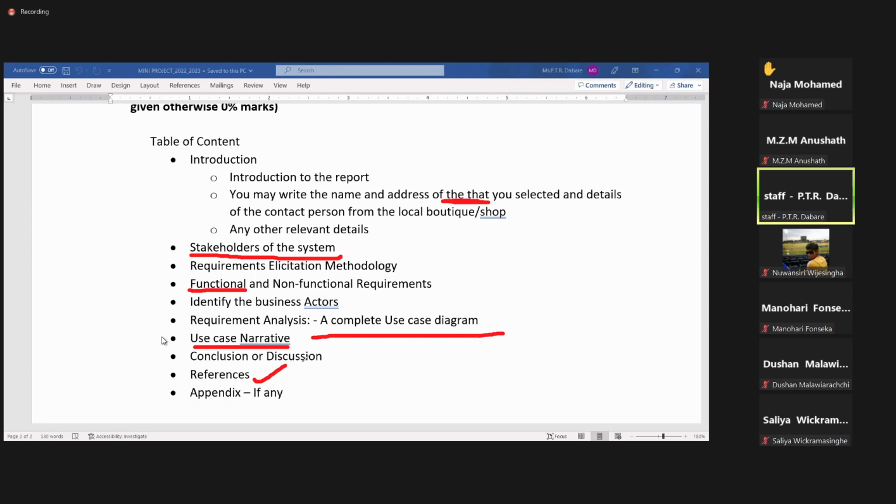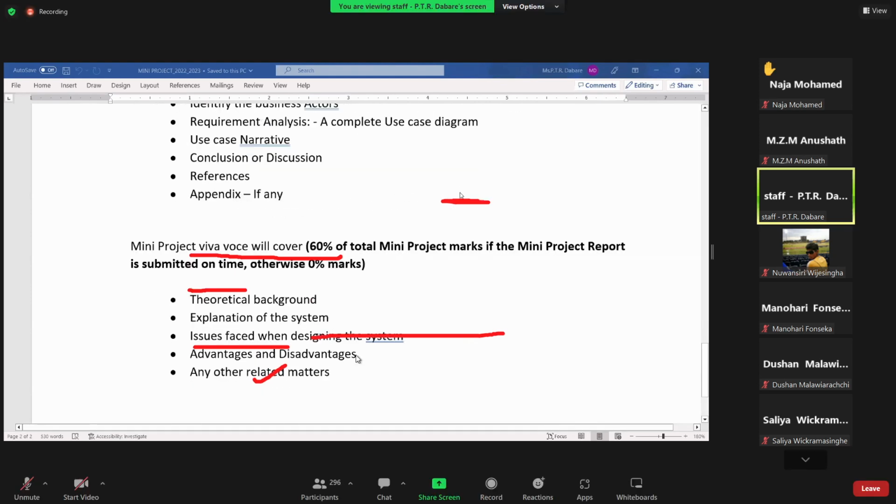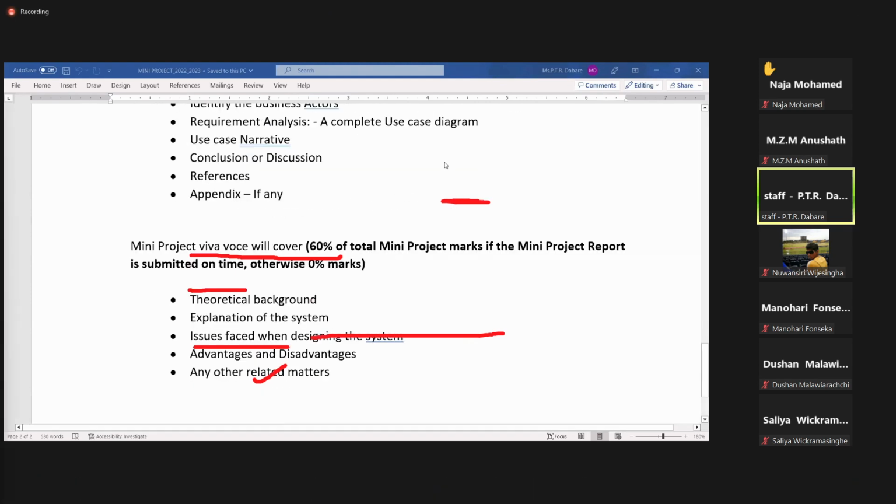You have to put all the references. In the appendix, you can attach anything else, like details the shop gave you. For that, you can visit the place and see.